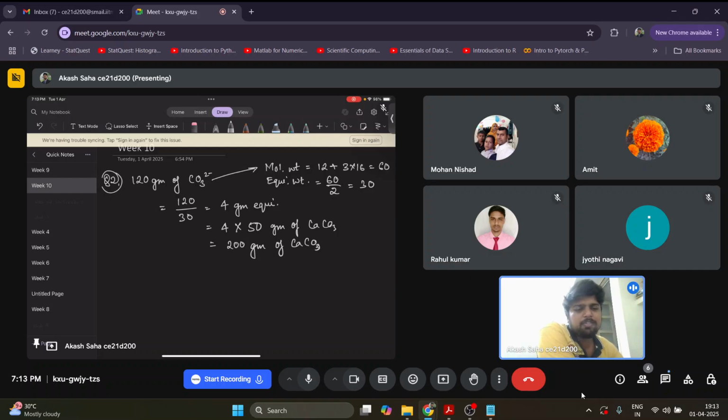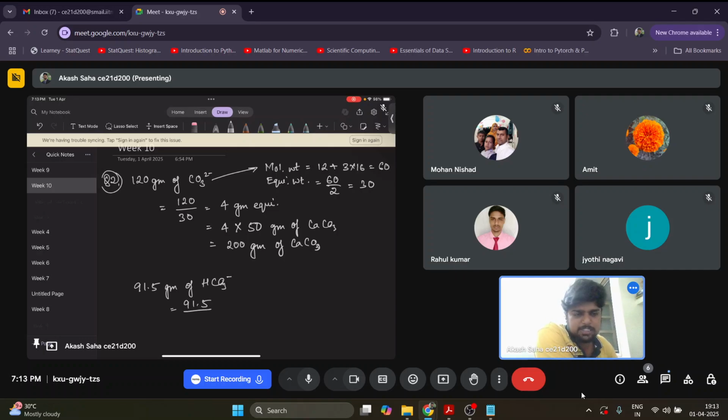Very simple. First divide with its own equivalent weight and then multiply with the equivalent weight of calcium carbonate, not with the molecular weight. So always remember. Now next we have 91.5 gram of HCO3 minus. So it will be 91.5 divided by 61, the molecular weight of HCO3 minus.